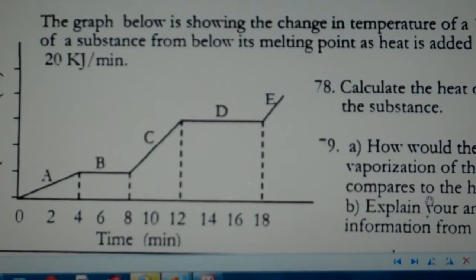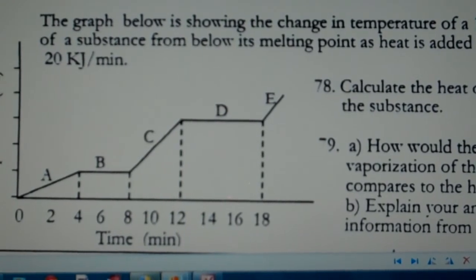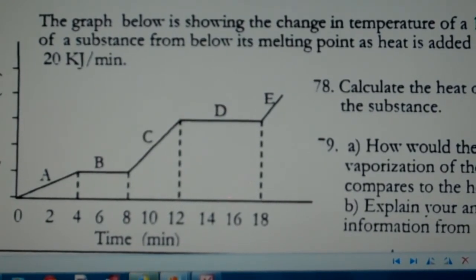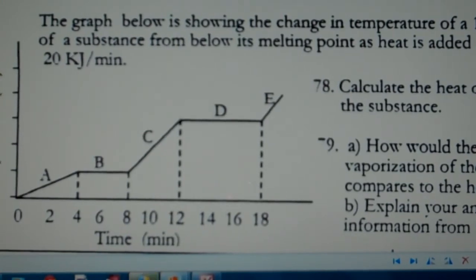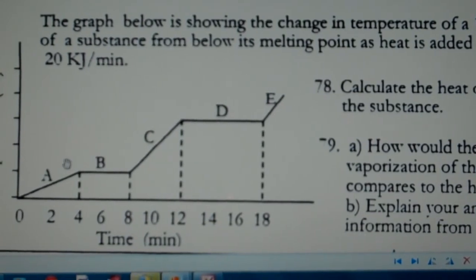And then for question number 79, there's two parts to that. There's A and B. 79A asks about the heat of vaporization versus the heat of fusion. If you take a look at the graph, heat of vaporization is here at D. And that takes from 12 to 18 minutes to happen.